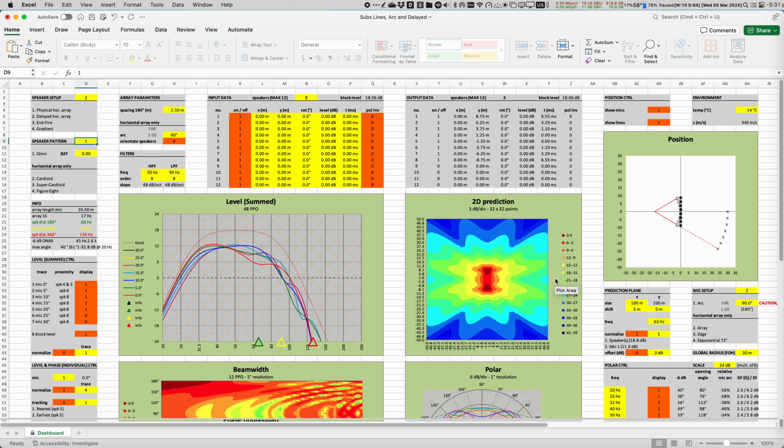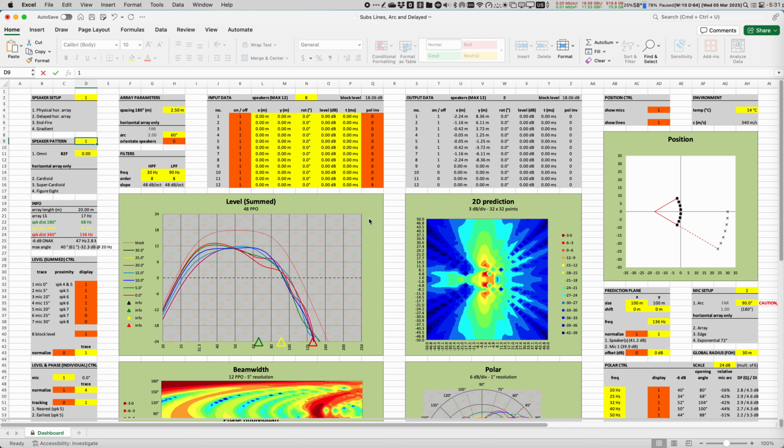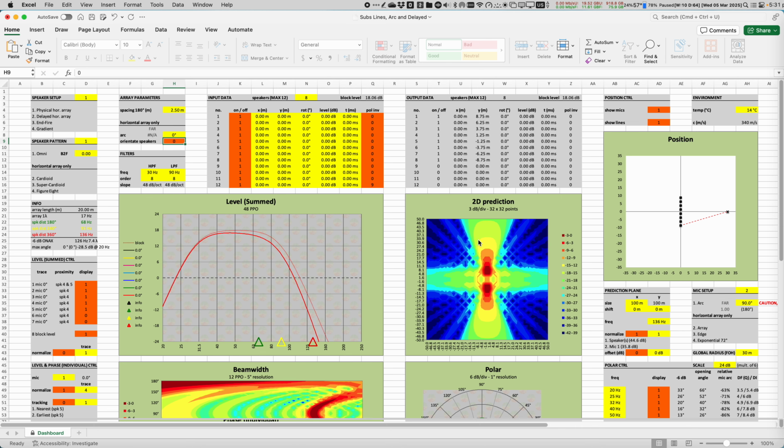And the other important thing, remember that in this cell, red color, 136, this explains where you will have lateral summation. So if I play 136, you can see the lateral summation, and if I go to a system with arc, and if I remove the arc shape, you can see very clearly the lateral summation.